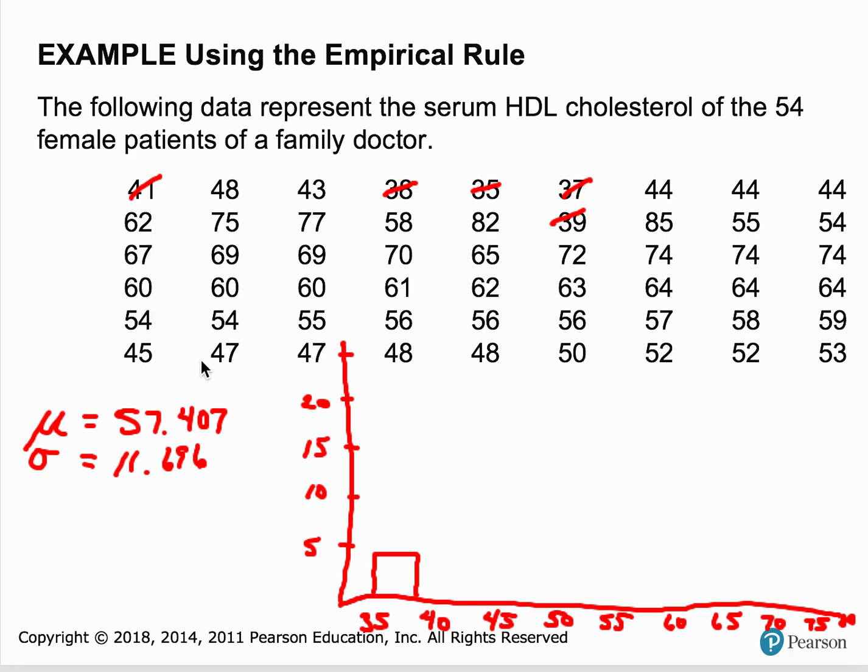One, two, three, four, five. So just barely bigger. My scale is awful, sorry. So 45 to 49: one, two, three, four, five, six.